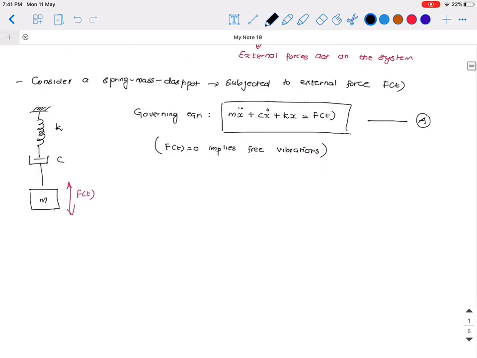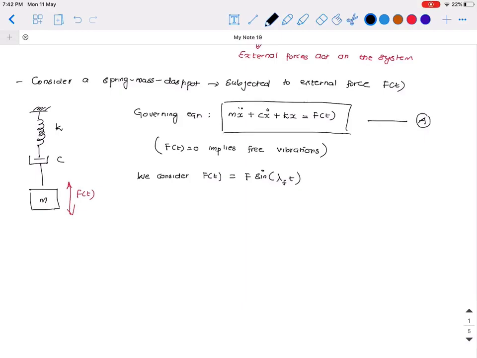Now we consider forcing F of t to be of the form F sine lambda f t, where capital F denotes the magnitude of the force and lambda f denotes the frequency of the applied forcing.